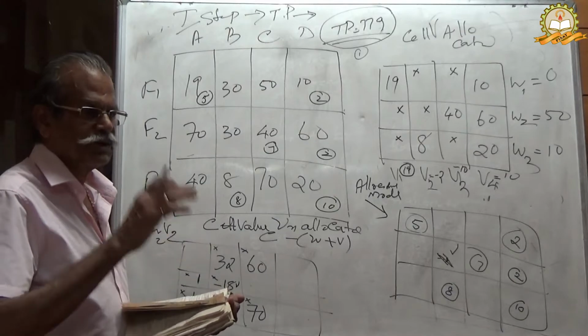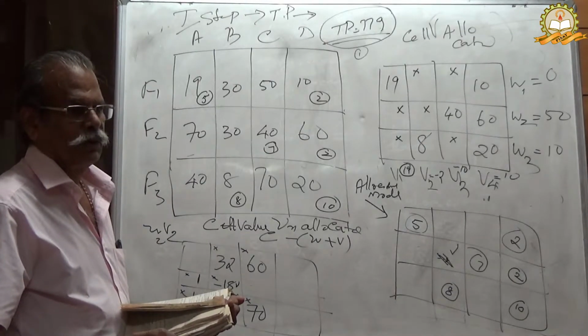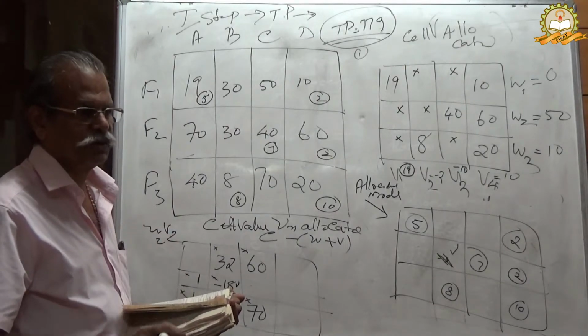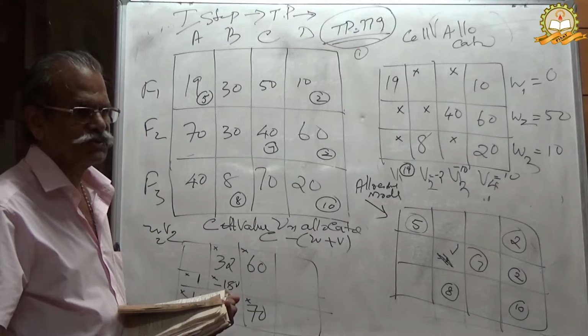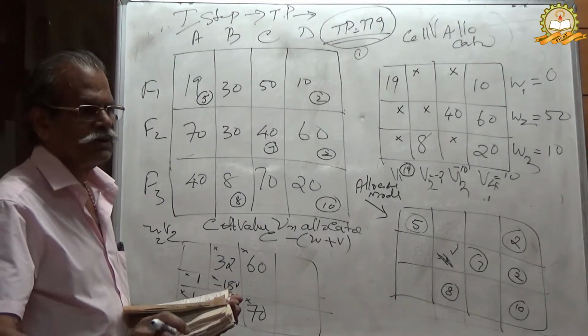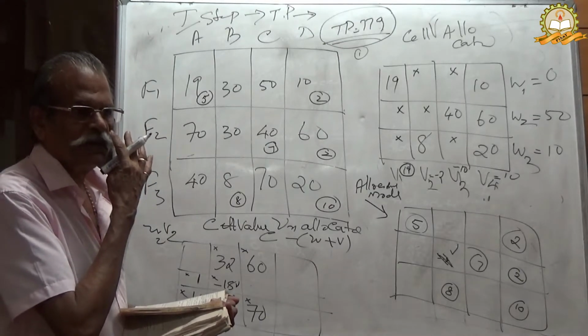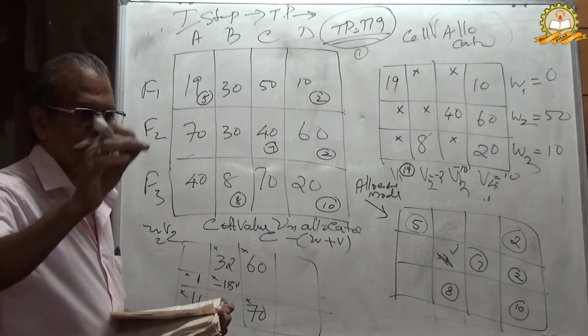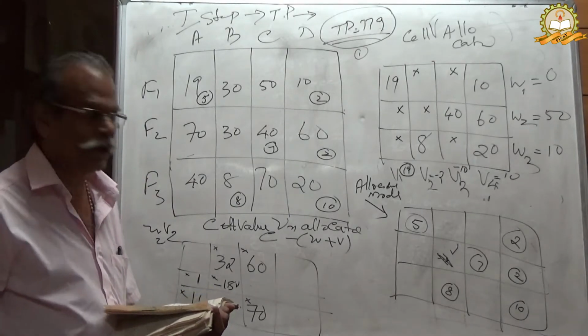The path should pass through these allocated cell values, starting from the negative cell value obtained, the least negative cell value obtained.